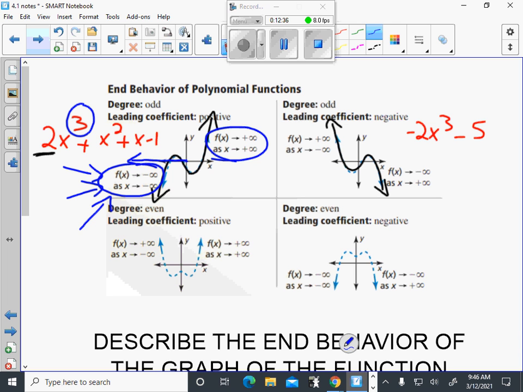And on this one, as x goes to positive infinity, f of x goes to positive infinity. This one over here. As x goes to negative infinity, where is my line going? It's going to positive infinity. Over here, as x is going to infinity, where is f of x going? Well, it's going down, so it's going to negative infinity.